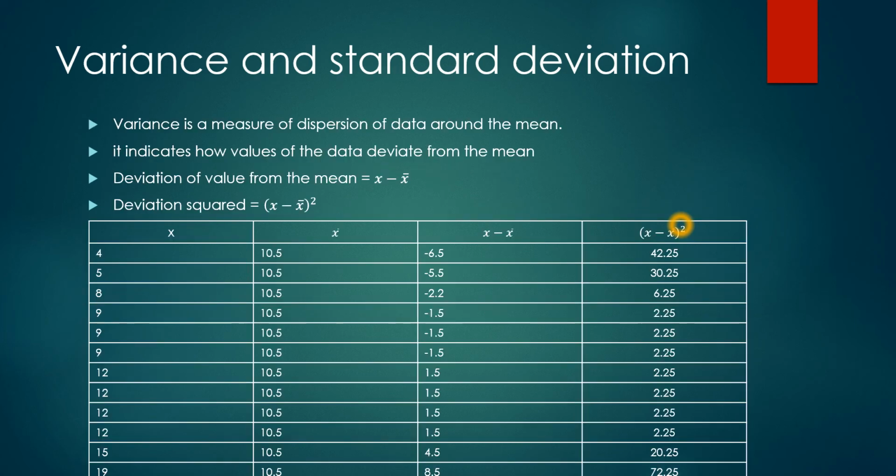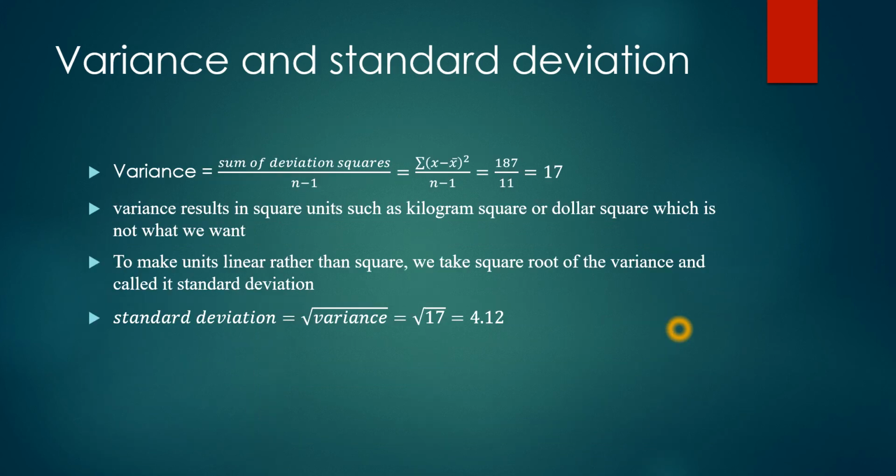For the variance, you need to add up all the values in the last column on the right side, the deviation squares.